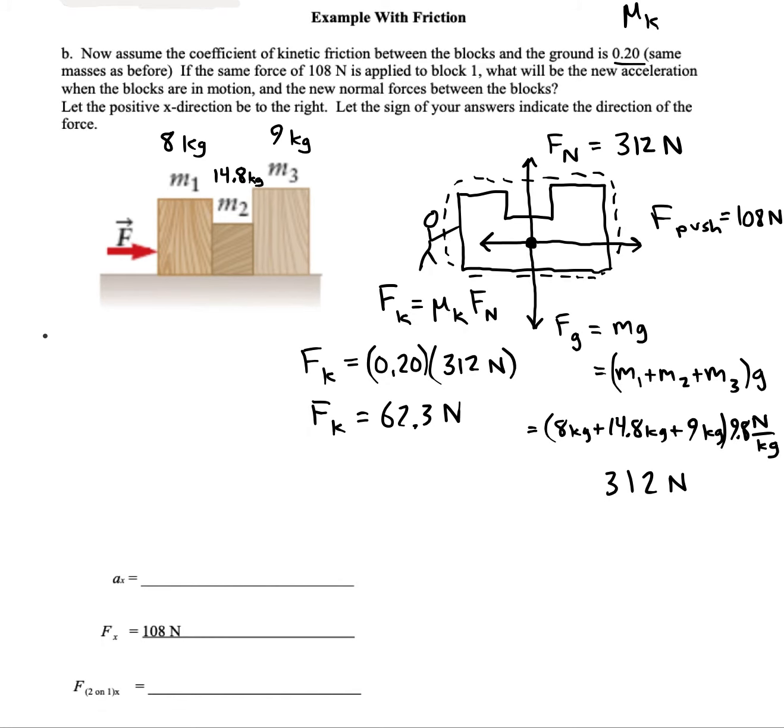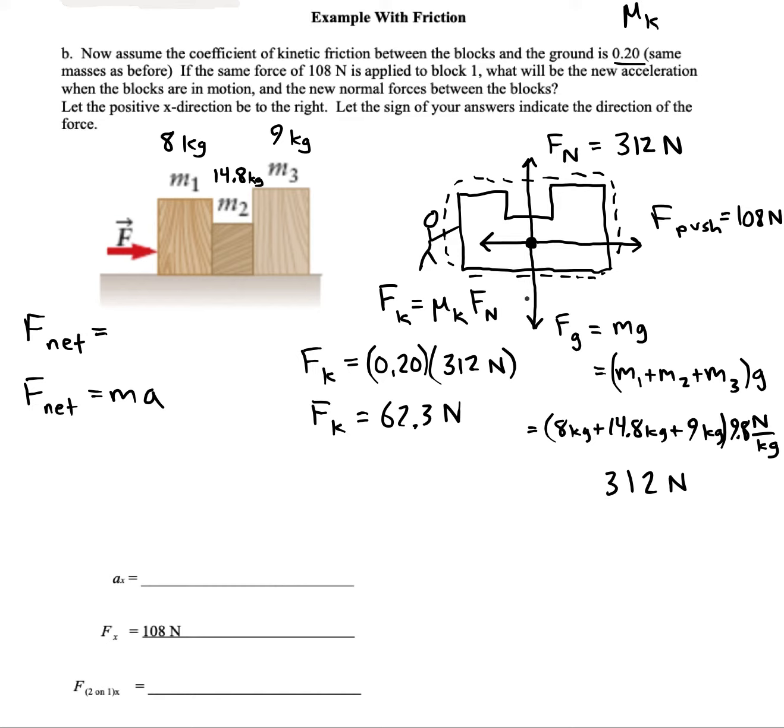And to do that, we want to use Newton's second law. So what does Newton's second law say? It says F net equals ma. But we have to calculate what F net is. So in order to get F net, we want to sum all the forces that are happening in this problem.